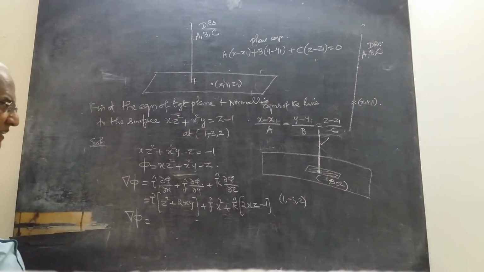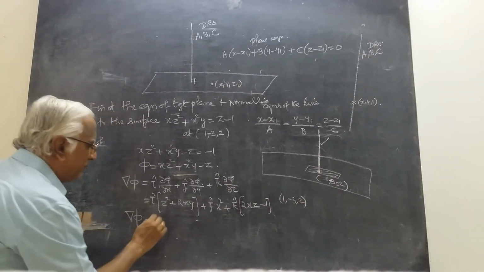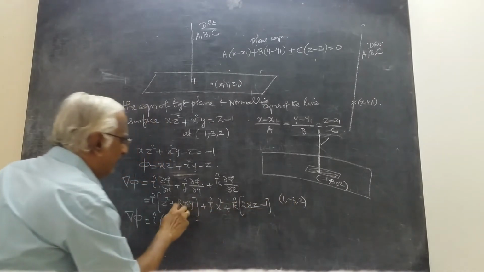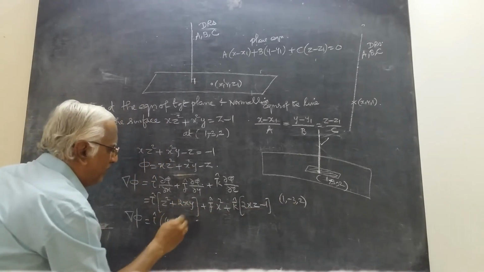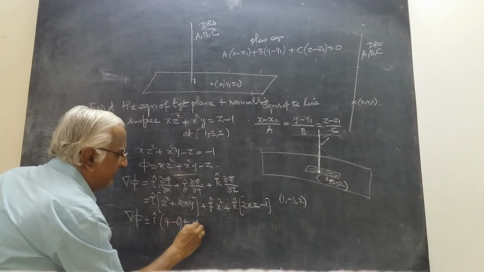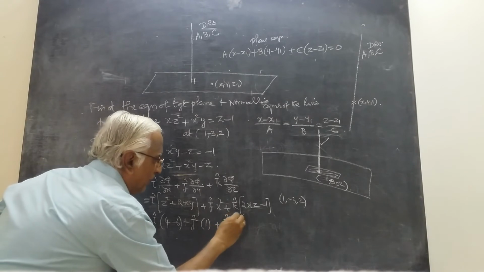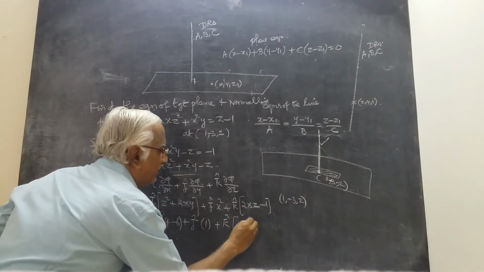If you substitute the point 1, minus 3, 2, del phi: z square is 4, 2xy is 2 into minus 3, which is minus 6, plus j times x square, which is 1, plus k times 2xz, which is 4.